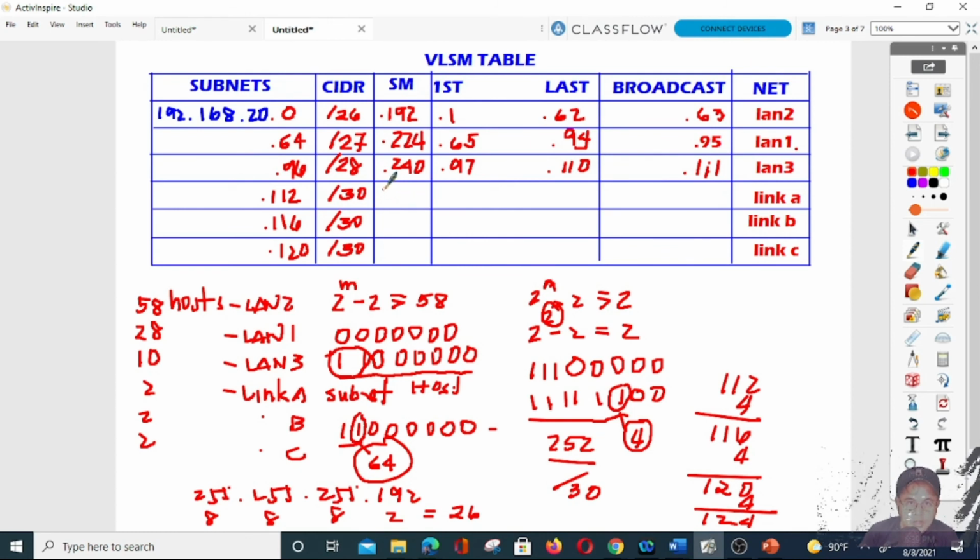And they have all the same subnet mask, 252, 252, 252. Okay.